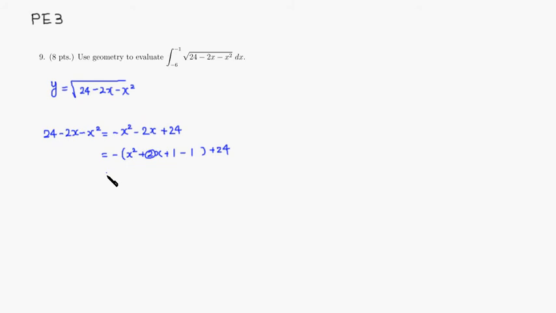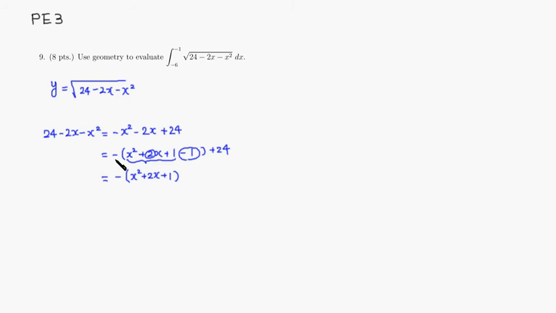But we can group the first three terms together: x squared plus 2x plus 1. Then I have to get this extra -1 outside of the parentheses.